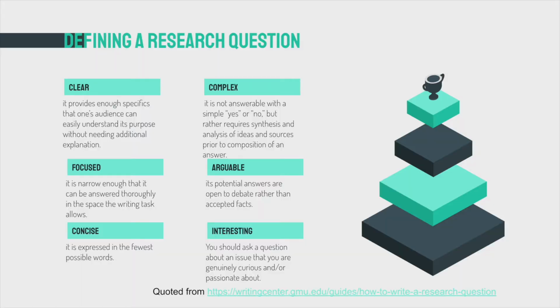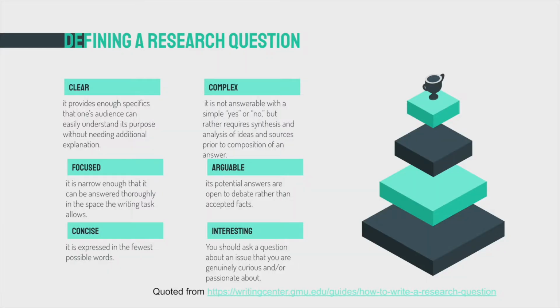A research question needs to be clear. It needs to have enough specifics that without explaining too much, your audience can understand, right? So you wouldn't say just painting, you would say painting cars, but to be even more clear, you want to be focused, okay? So clear and focused, it's narrow enough that it can be answered thoroughly in the space.